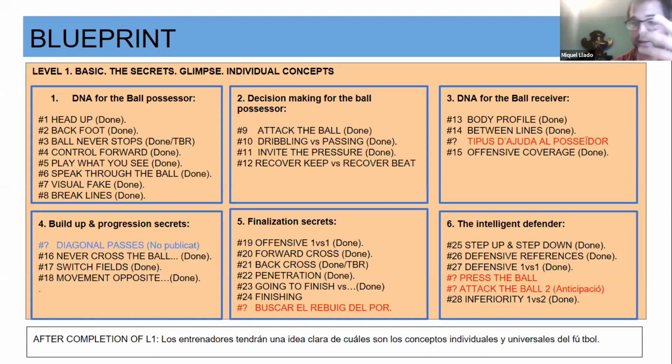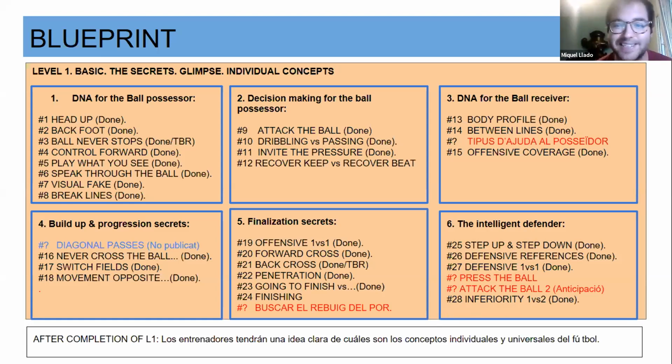If you want more, because the players have a great level, as Bernie said, then work as well on the receptor, the ball receiver, who mostly has to use a good body profile to watch the ball and the opposing goal, and to understand maybe the concept of between lines, because it's a space that is crucial for soccer. Or maybe the concept of offensive coverage, but those are already more advanced ideas.